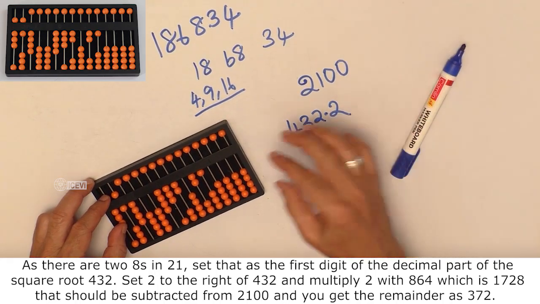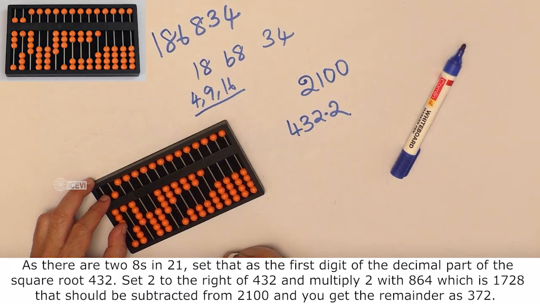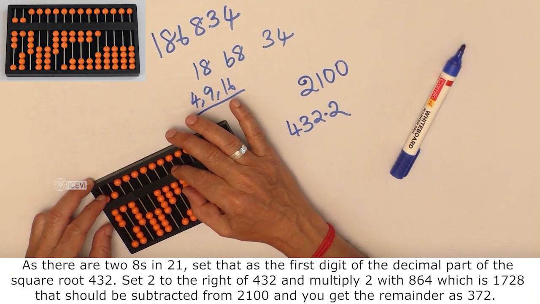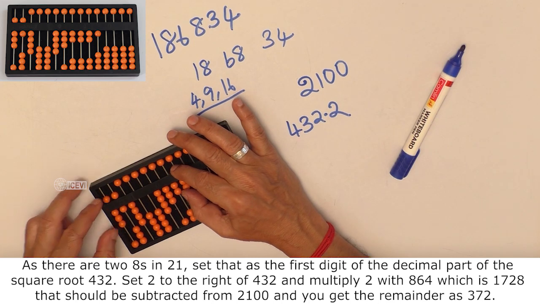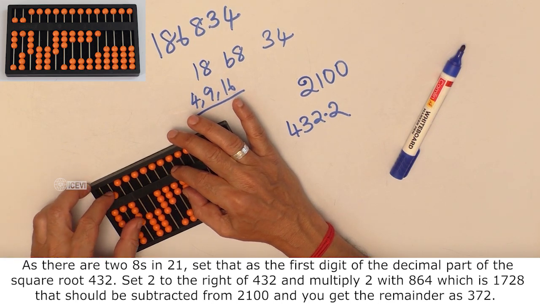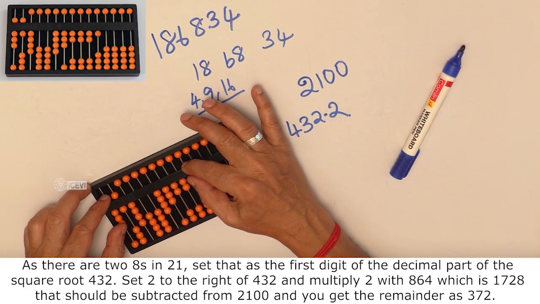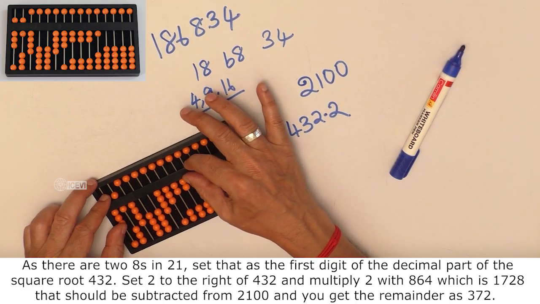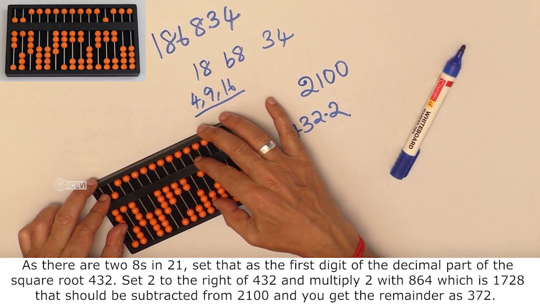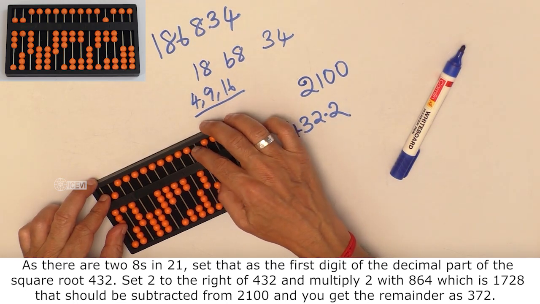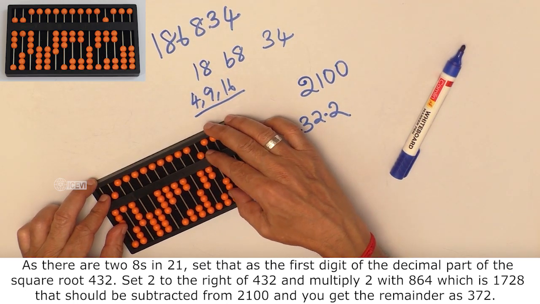432.2. Set the 2 to the right of 432 and multiply the same with 864, which is 1728. That should be subtracted from 2100 and you will get the remainder as 372.